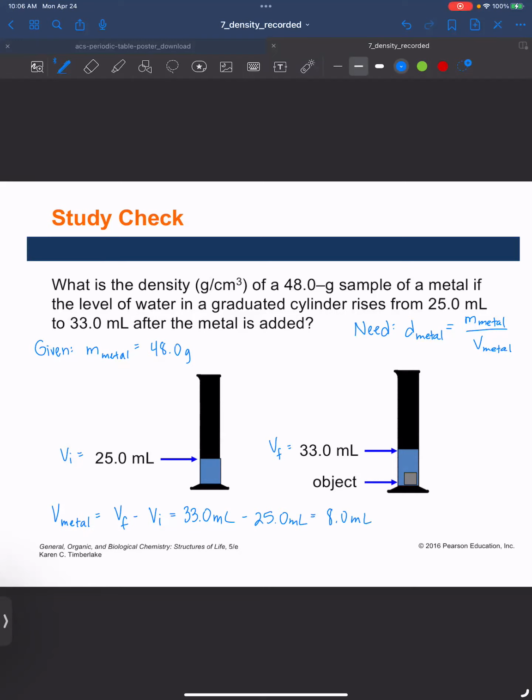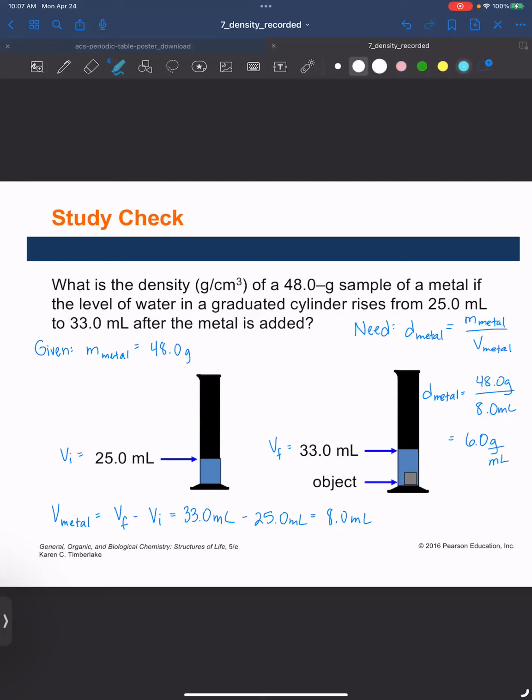And then once we have that information, we can plug it into our density formula because we were given the mass, 48 grams over 8 milliliters is equal to 6 grams per milliliter.